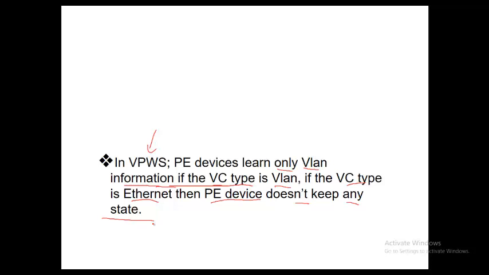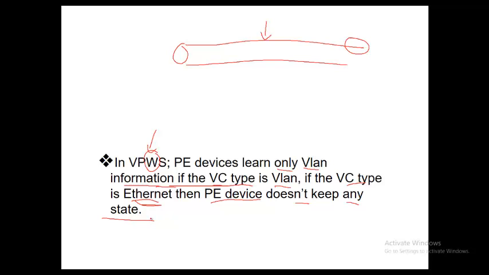This is just talking about point to point. If you want this point to point to act as a trunk link, then it is not possible if it is simply Ethernet. It can carry only one particular traffic, one VLAN traffic.